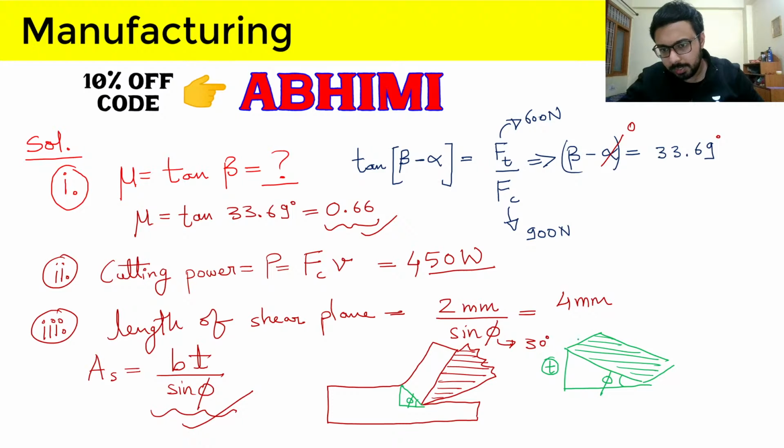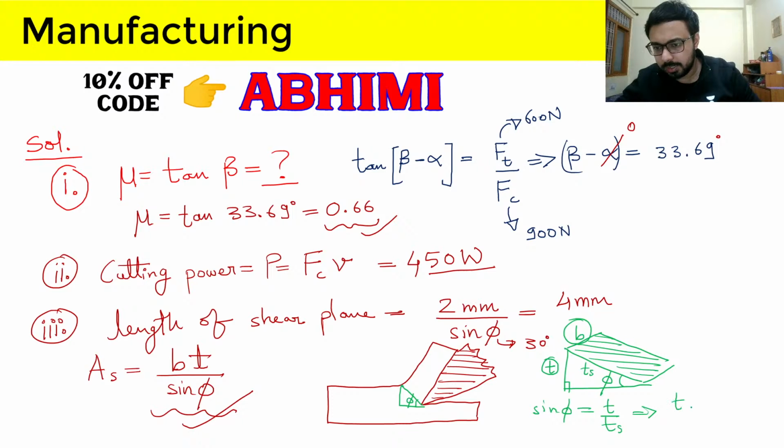So for shear plane area we have to multiply b, which is the width, with this length. So in this right angle triangle you will get sine phi as t by this length. Let's take this length as ts. So t divided by ts will be sine phi.